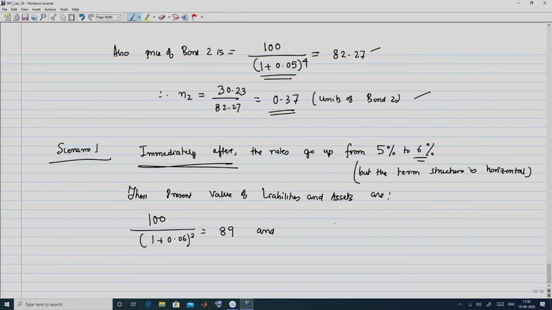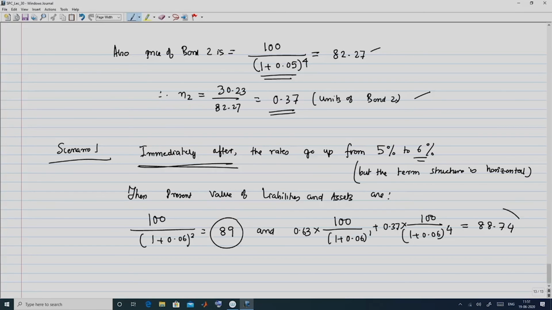And in the second case, what is going to be the present value of the bonds? It is going to be 100 divided by 1 plus 0.06 raised to 1 and 100 divided by 1 plus 0.06 raised to 4, multiplied by the respective units, which are 0.63 and 0.37, and we add this up and this turns out to be 88.74, and these two numbers match approximately.